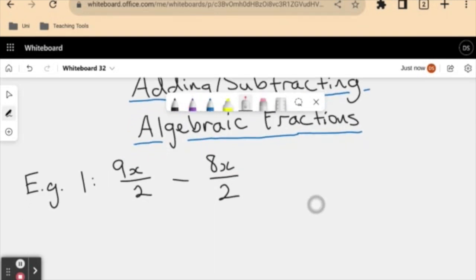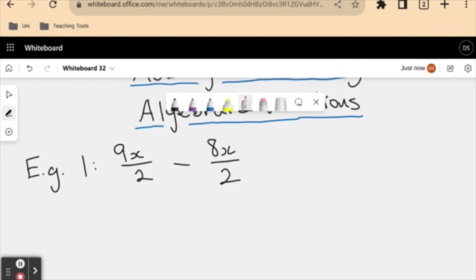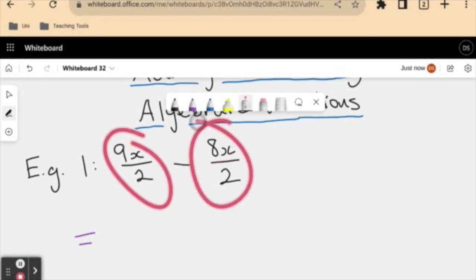We have this luxury that these are the same terms, so we can express these operations between our numerators as one whole numerator over the common denominator that both of these expressions have.